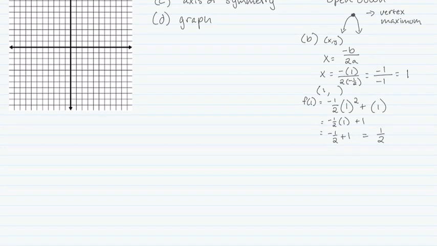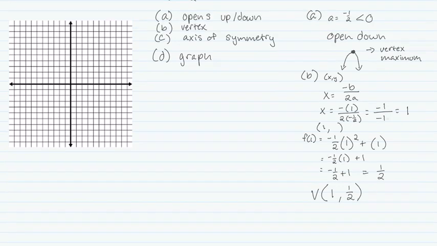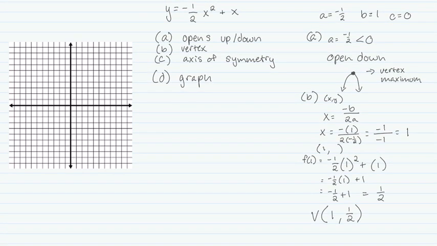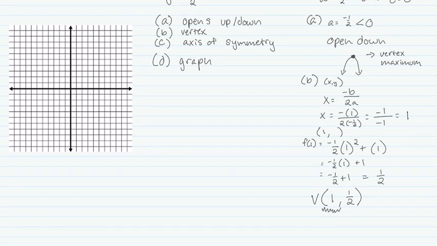So officially my vertex is, I'm going to put a V so that I know, (1, 1/2). And then part C here. Part C wants you to find the axis of symmetry. The nice thing is that the vertex always falls on your axis of symmetry, and this is the formula for it. So x equals 1.